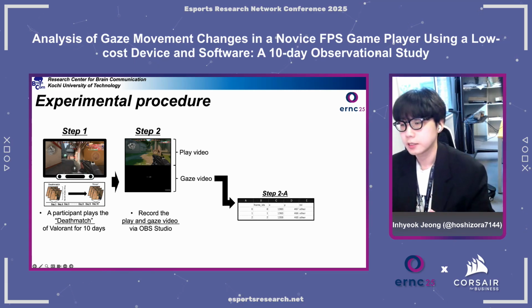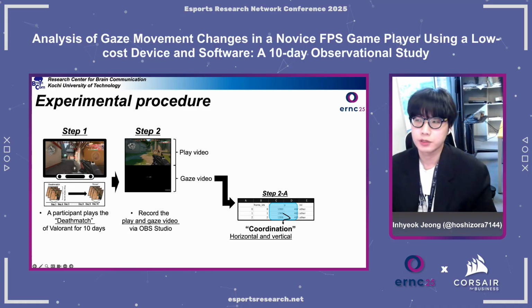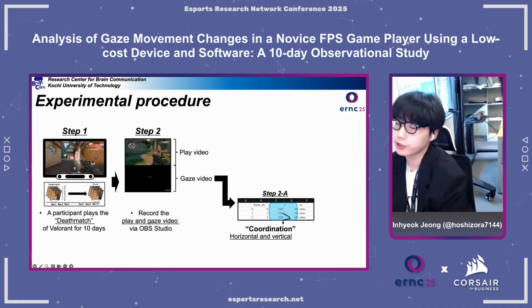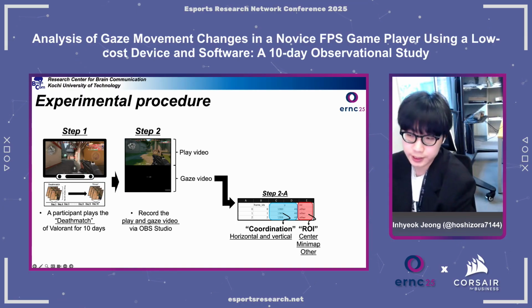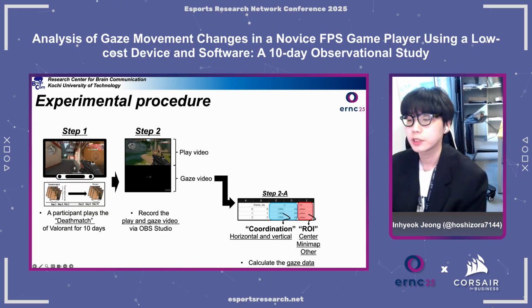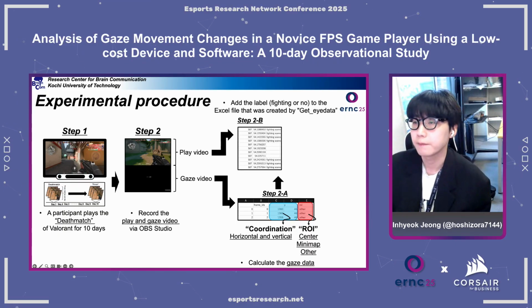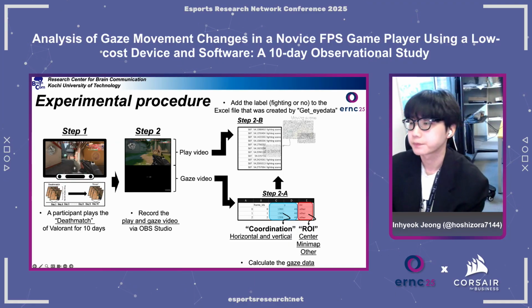And I analyze the gaze movement by using the get eye data, which was developed previously. In this software, I can calculate the coordinates of gaze movement and the region of interest where you see it, like center, minimap, and others. So using this software for calculating the gaze data, in the next step, we add the label fighting or not using the new software.